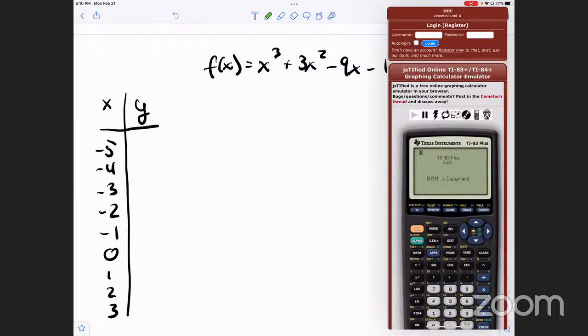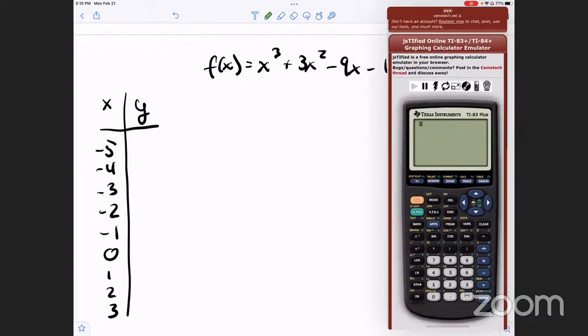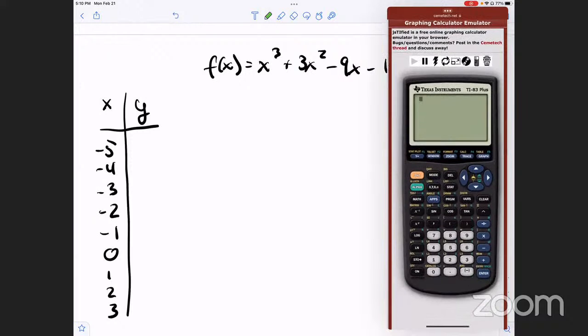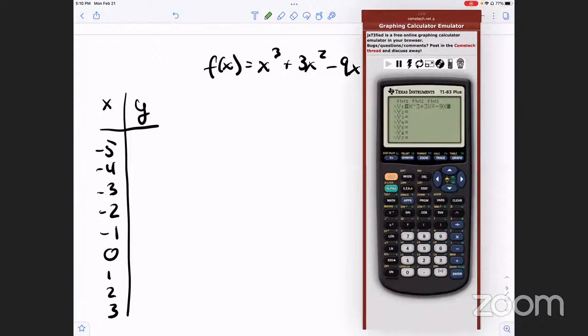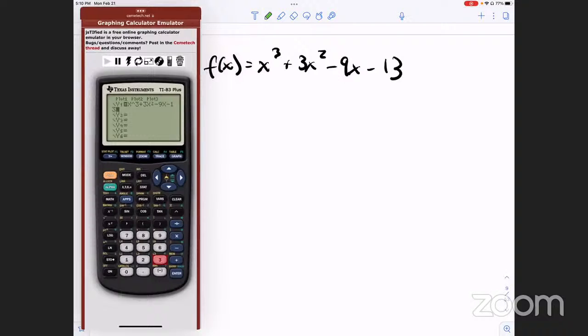I am going a little bit quickly. I'm trying to get class done in 50 minutes on the money, so I'm doing what I can in 50 minutes. In the upper left-hand corner, I'm going to go to my y equals. We have x cubed plus 3x squared minus 9x minus 13.